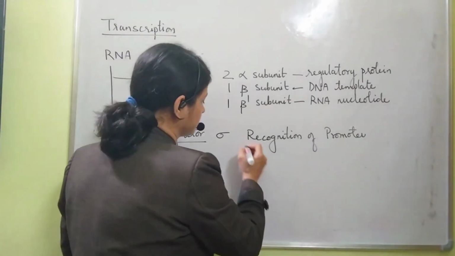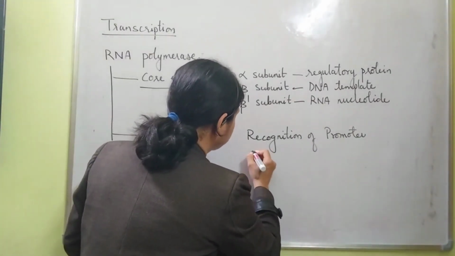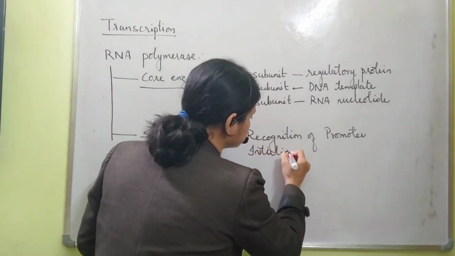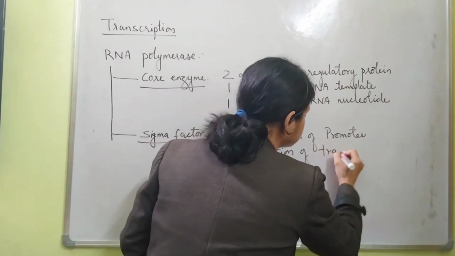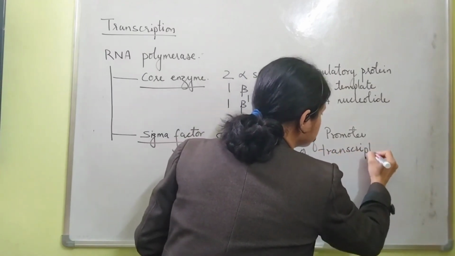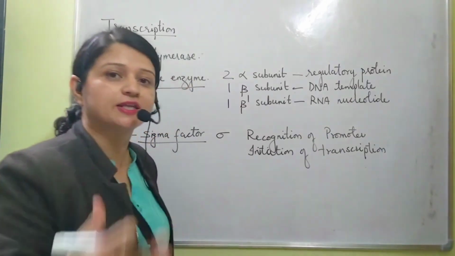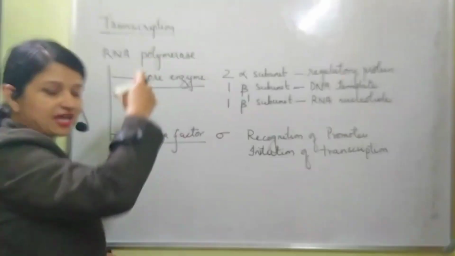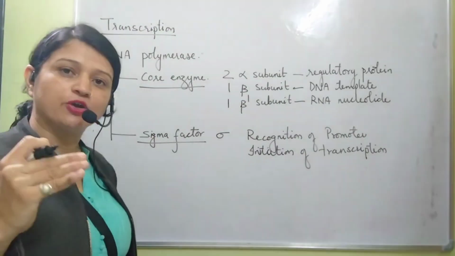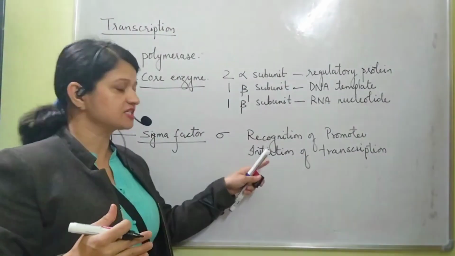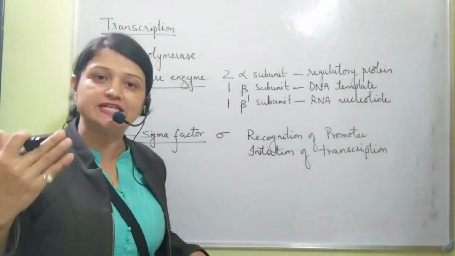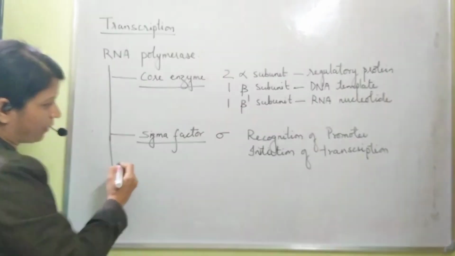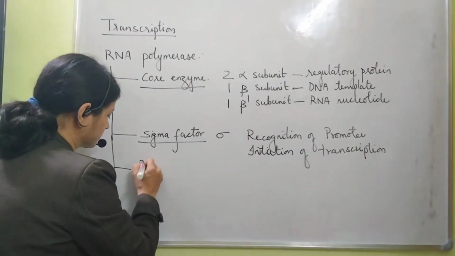And the second thing is, it is required for initiation of transcription. Initiation of transcription means to start the process of transcription. It is not bound to RNA polymerase every time. It will bind only when the process of transcription is to be started. And the third part which is required is the rho factor.